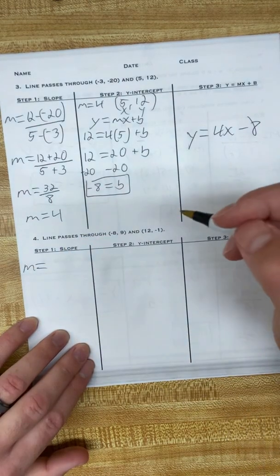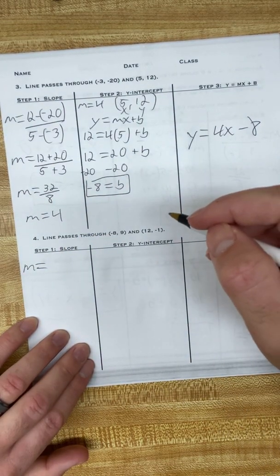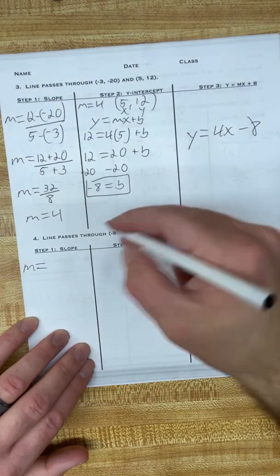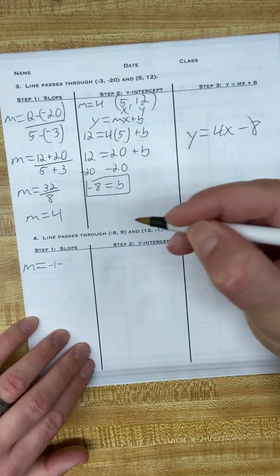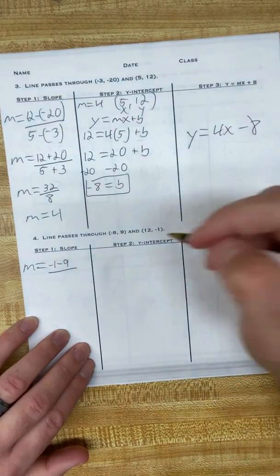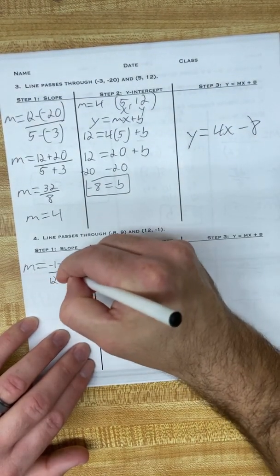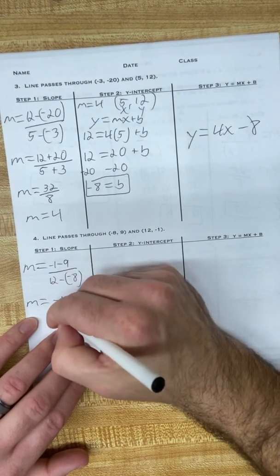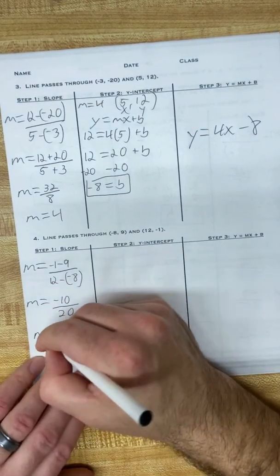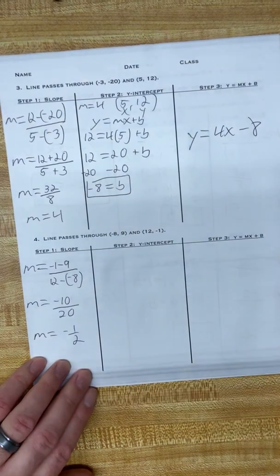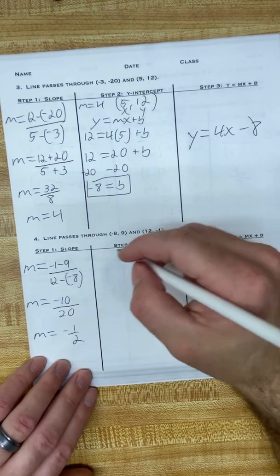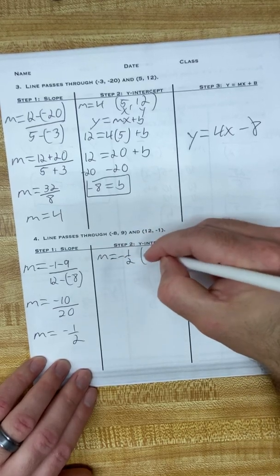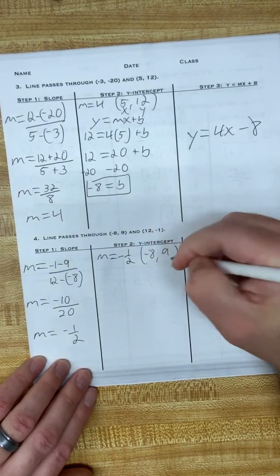So last up here, we're going to have negative 1 minus 9 divided by 12 minus negative 8. So we're going to have a negative 10 over 20, so slope is negative 1/2. So m equals negative 1/2. And I'll just use that first point there, that is fine.